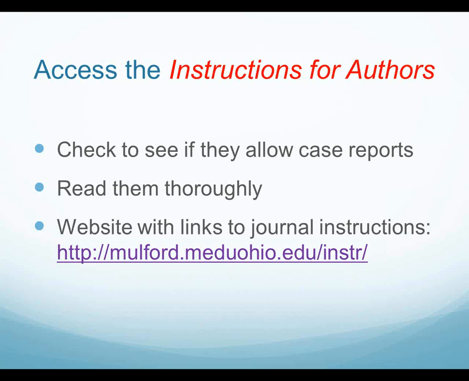And so let's say there's Journal of Pediatrics. You click on that and you look at the Journal of Pediatrics instructions to authors. Do they accept case reports? No. Okay, so you come back to this website. What's the next journal in pediatrics? Well, let's say it's called Pediatrics and Adolescents. Okay, you click into that. Do they accept case reports? Yes.